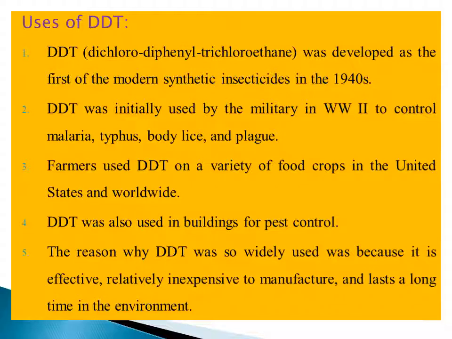It was initially used by the military in World War II to control malaria, typhus, body lice and plague. Farmers use DDT on food crops to control pests, and it is used in buildings for pest control. It is a widely used molecule because it works very effectively and is relatively inexpensive.